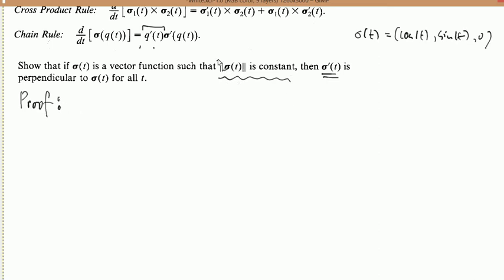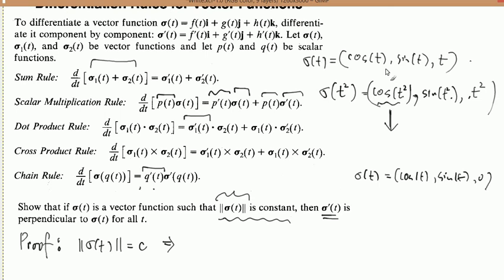How do you write this without the absolute value? Let's start with this: the length of sigma t is a constant c. There is no t in there. How do you write this with the sum notation we have here so that we can do the derivative? Dot product, thank you.